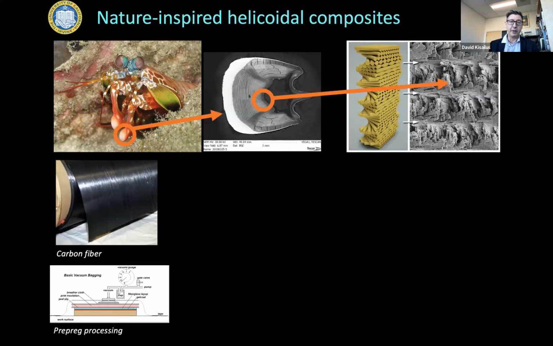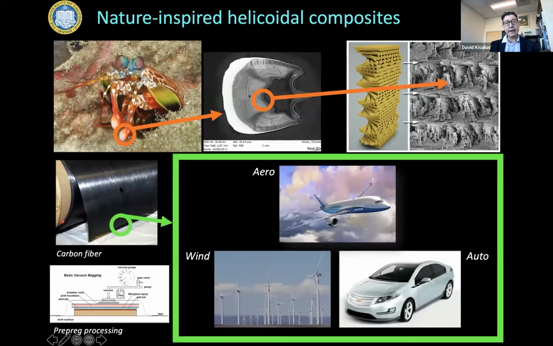Some advanced vehicles right now are also made of carbon fiber composite. Let's mimic this architecture, but using carbon fiber. And now we have projects and a startup company making aerospace parts, automotive parts, and wind energy blades that can last a lot longer and absorb a lot more energy than the current designs.